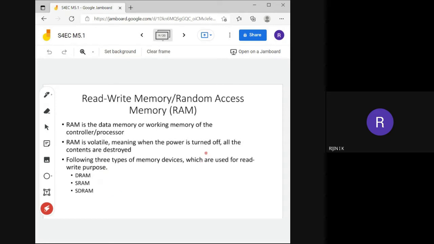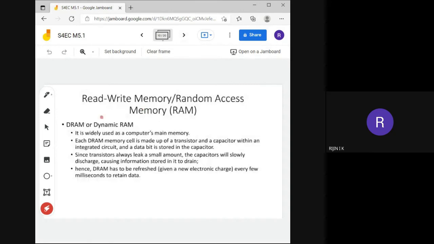Okay, this RAM memory we can use for read-write operation. That means we can read data from the memory, and also we can write data into that memory. So these are the three types of RAM memory: DRAM, SRAM, and SDRAM.